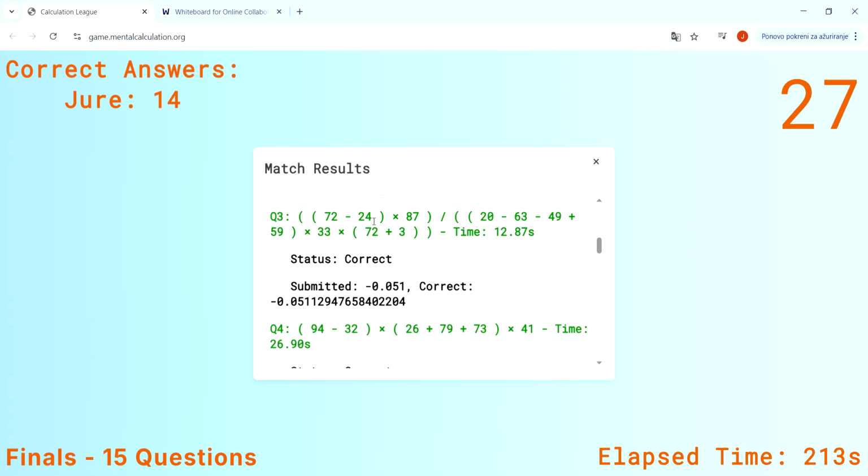So 1.45, and here I had 75 and 87. So it's around 1.18. So I just took 1.2 and here 1.4.